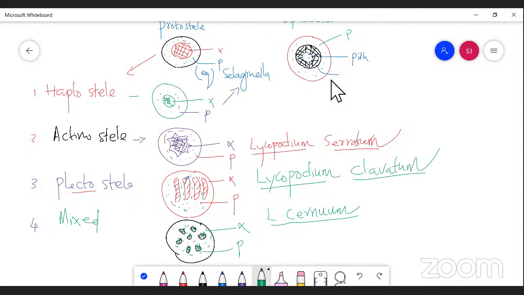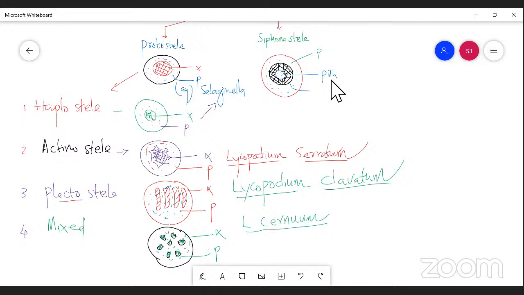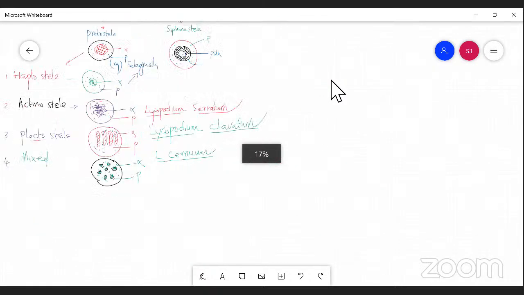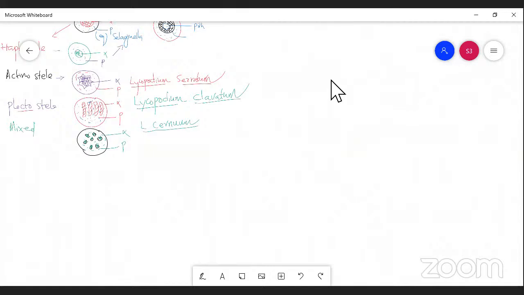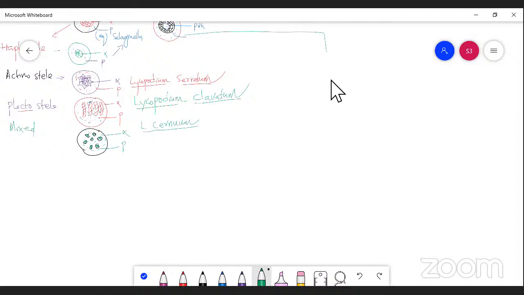Next we pass on to second category, that is a siphonostele. Here you can see siphonostele is further classified into following types. The first type is ectophloic siphonostele. The second category is amphiphloic siphonostele.